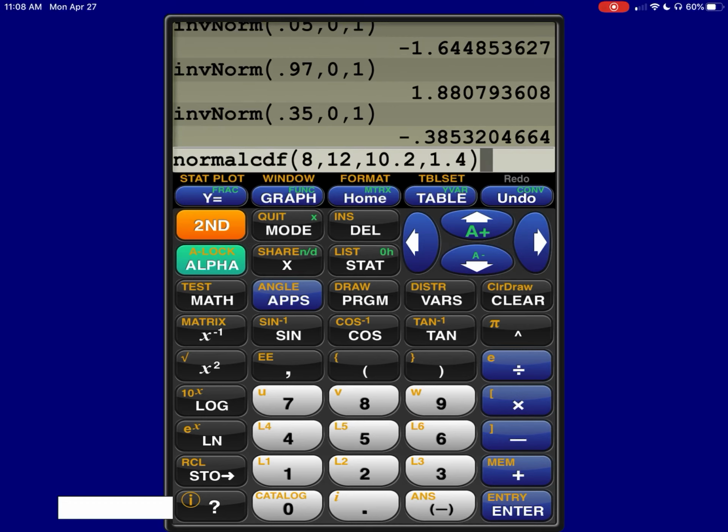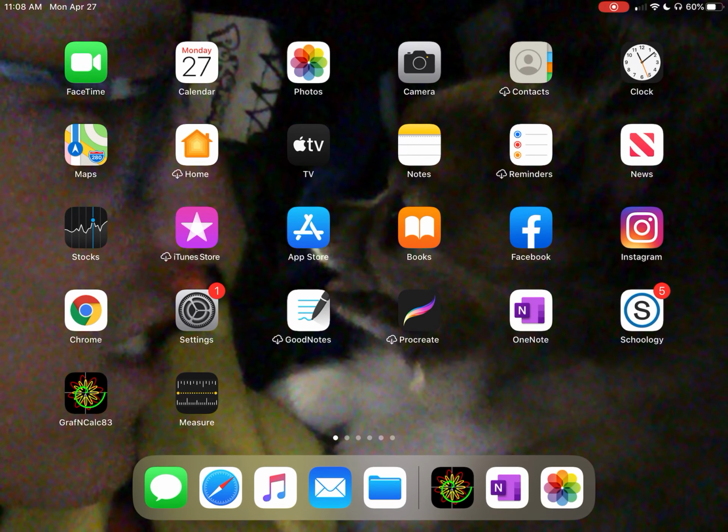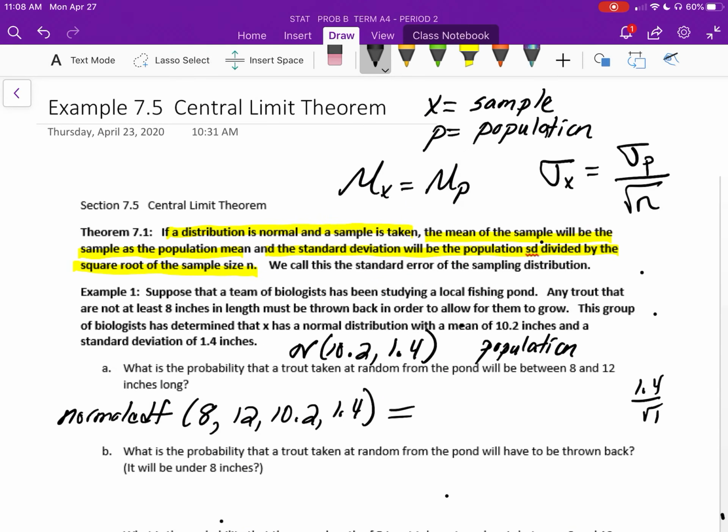So the probability that you'll catch a fish between 8 and 12 is about an 84% chance, 0.8427. That means that 84% of the time you will catch a fish over 8 inches, less than 12 inches, right? Which means you don't have to throw it back.